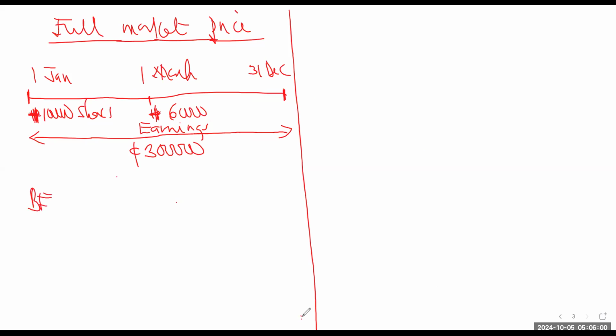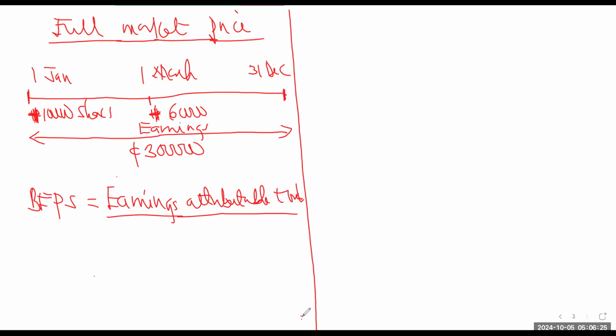Basic earnings per share is equal to the earnings attributable to the ordinary shareholders, divided by the ordinary shares that have been in issue for the full year, or the ordinary shares that have contributed to the profit of 300,000.